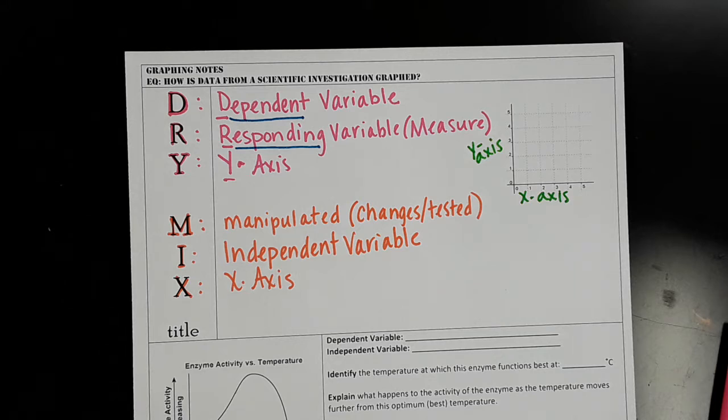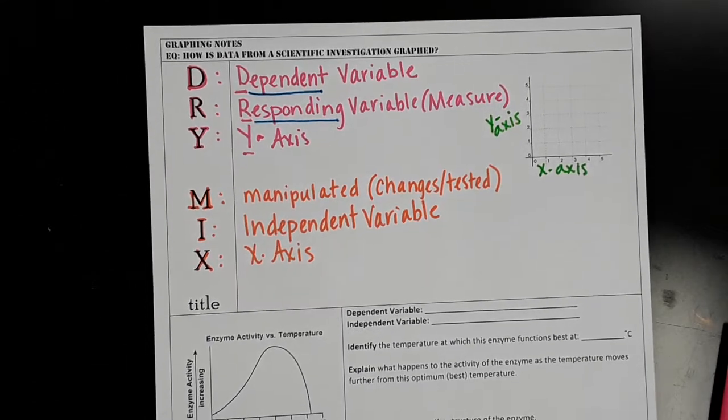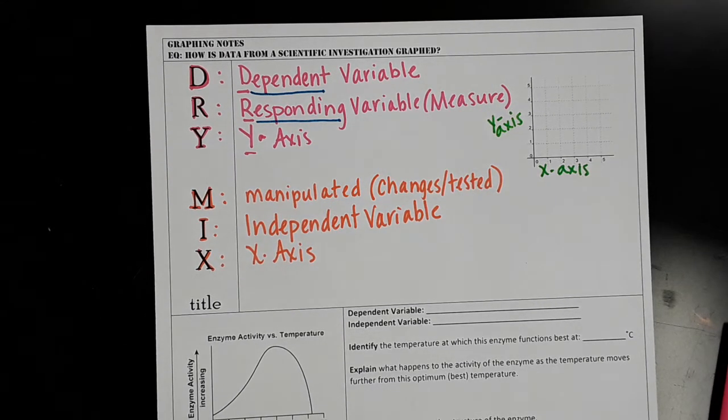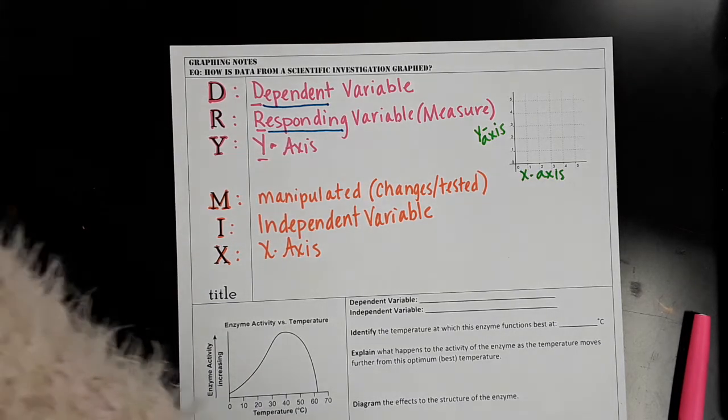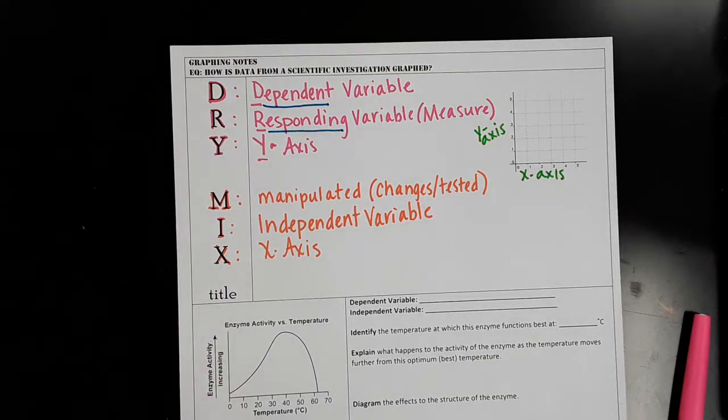Questions? All right. Moving into this next section, we're going to look at some graphs to apply this, so that we can apply our understanding of DRY MIX and understand how to read a graph.